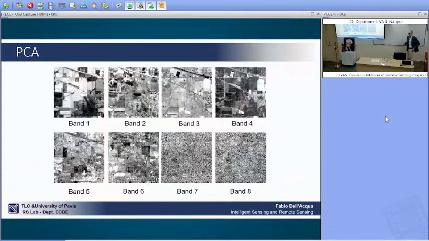PCA is basically the application of an eigenproblem. Generally, when you do PCA, you look at the result in terms of multi-band data, but you don't really look into the eigenvalues which are generated by the same process.